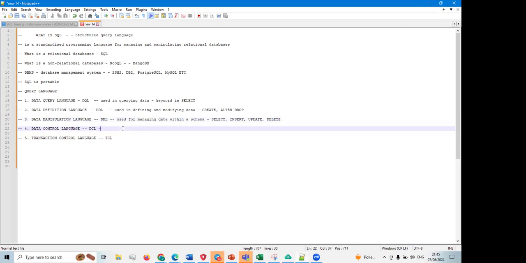Data control language. These are words that are used in giving access privileges.